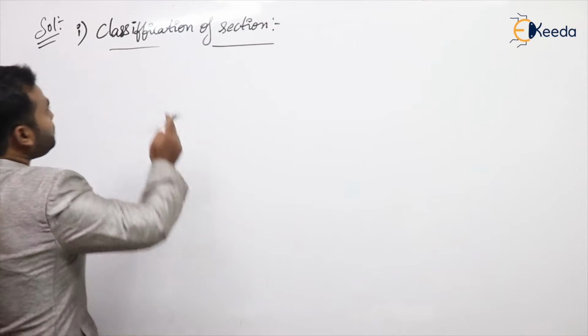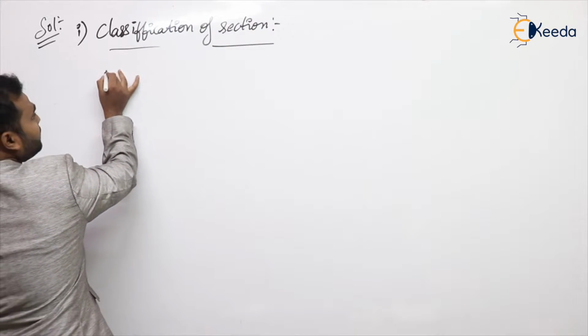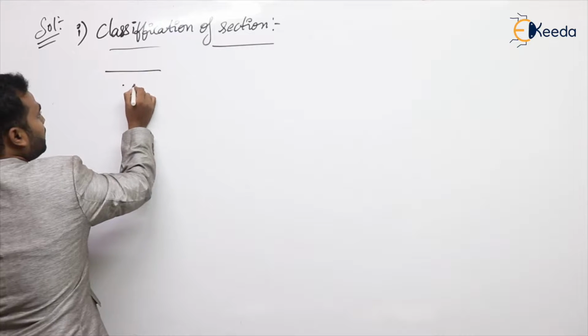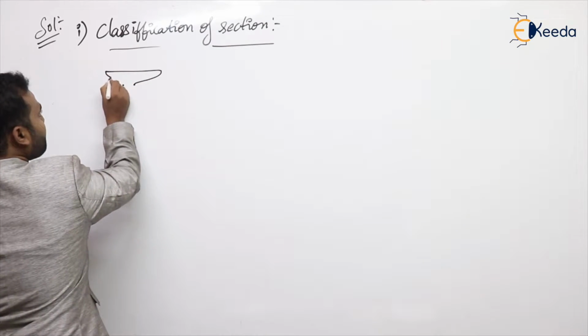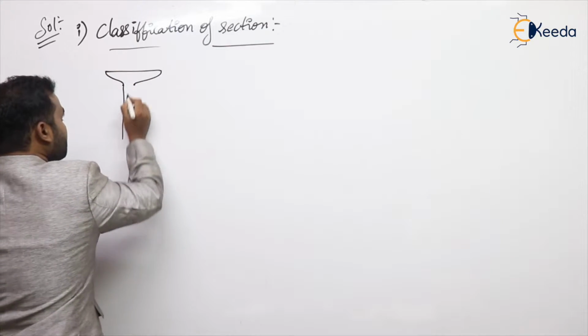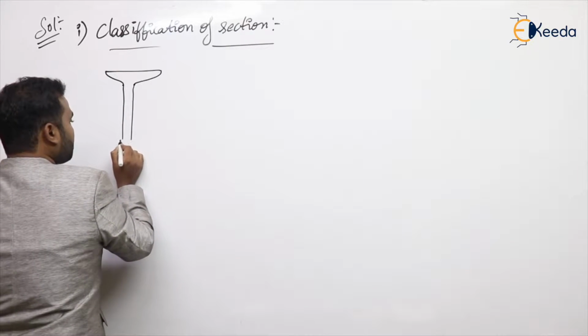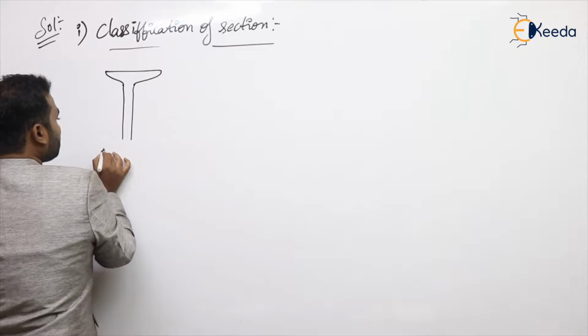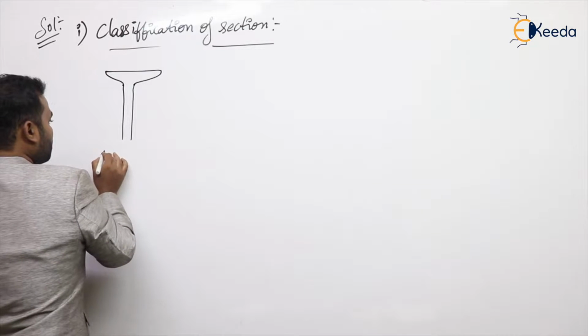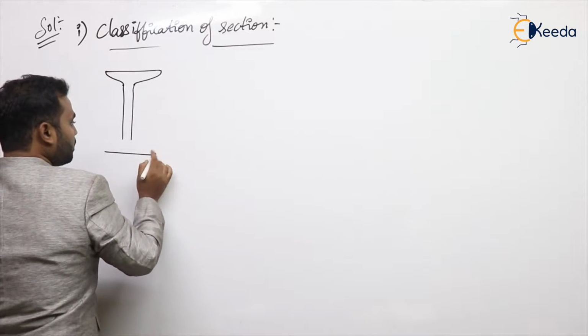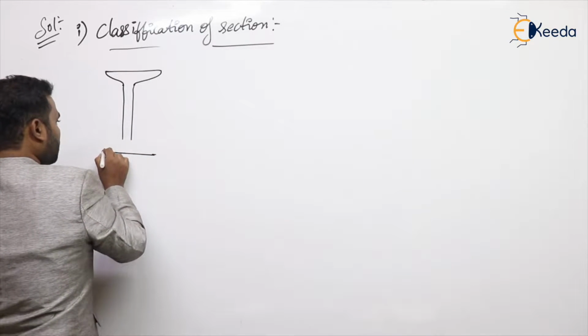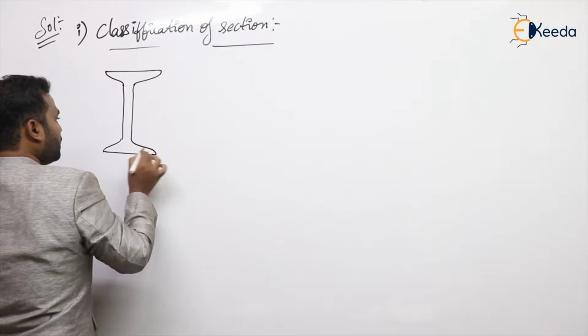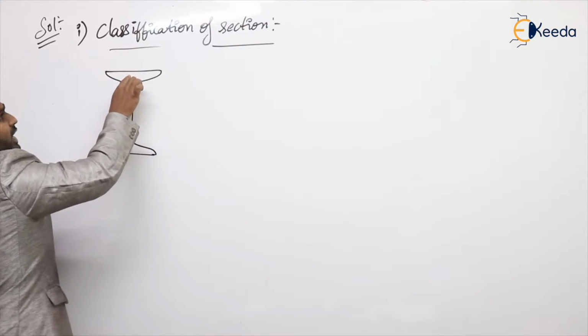Now coming to the classification, let me draw the I section here. If you observe, this is the flange and this is the web.